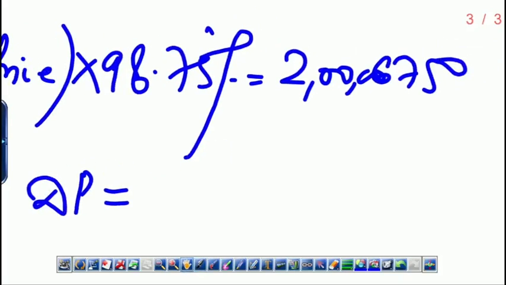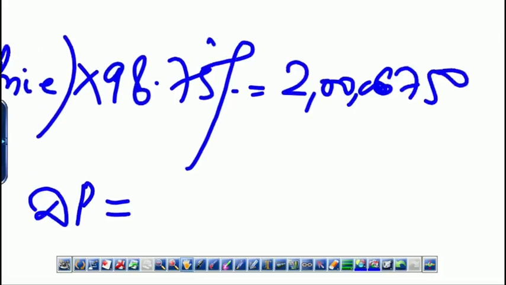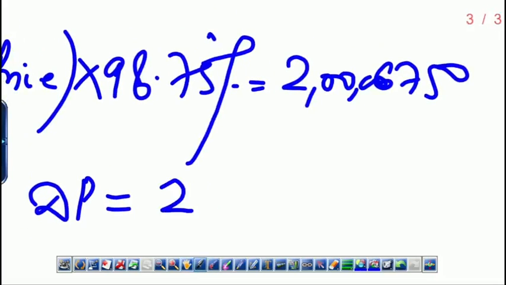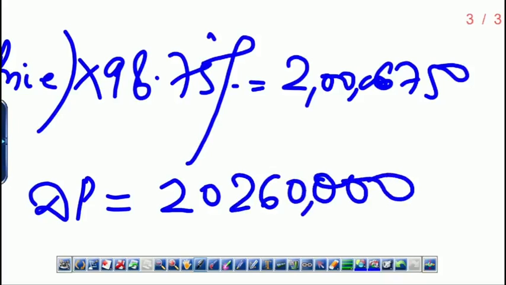So 2,00,6750 divided by 0.9875. This is 2,03,2... one second. 2,03,26,000. Now, when they ask for the dirty price, they ask it in terms of per 100 of face value.